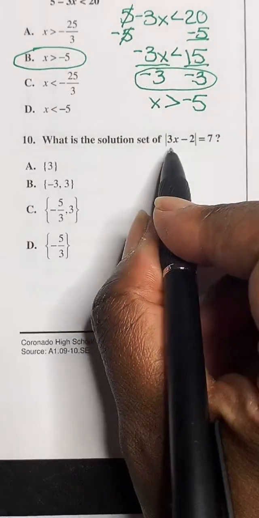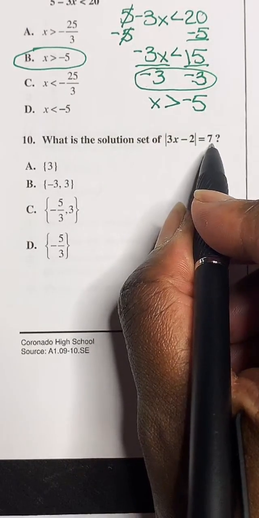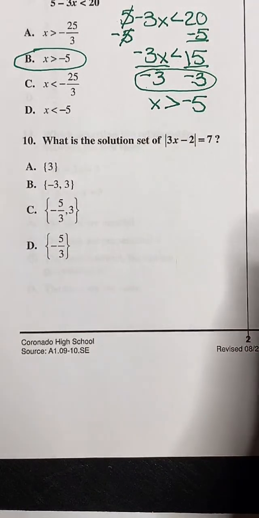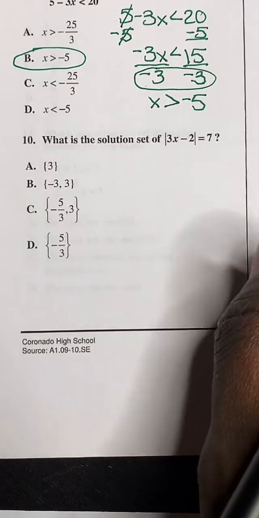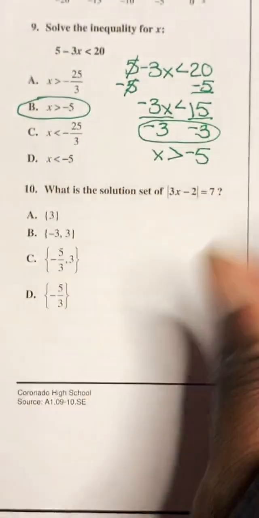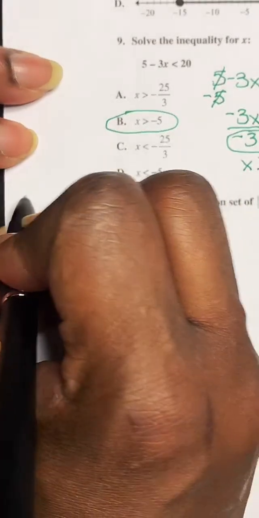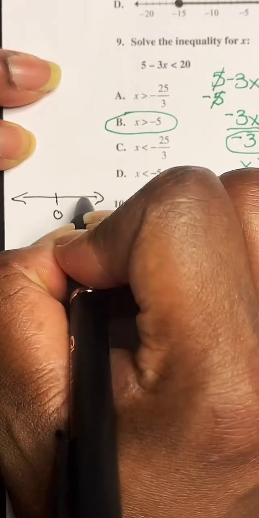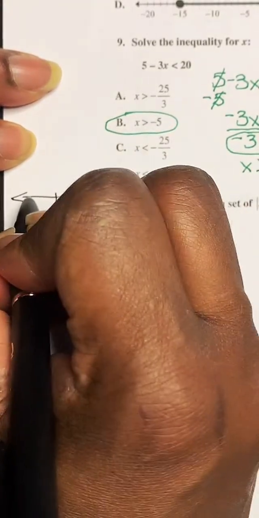When we're doing absolute values, remember, absolute value is basically the distance away from 0. That's why absolute values are always positive. So if I was on a number line and my house was at 0, this person's house is at 3, this other person's house at negative 3.